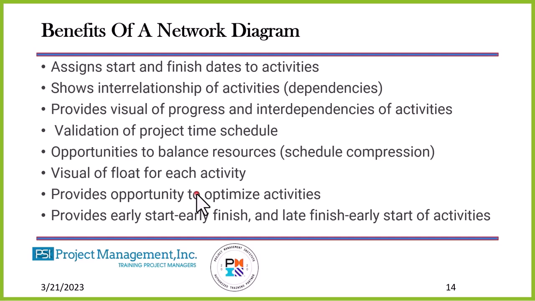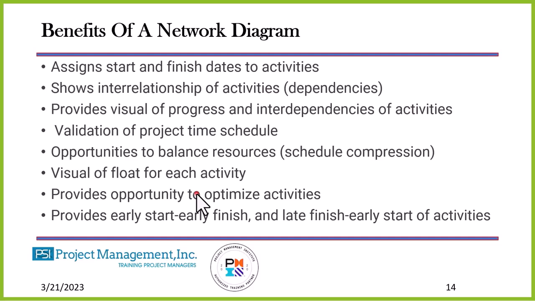Fast tracking and crashing are tools that we can use as appropriate for our project, and we can see better opportunities in a network diagram. We also have a visual of the float for each activity. We understand each path through the project.